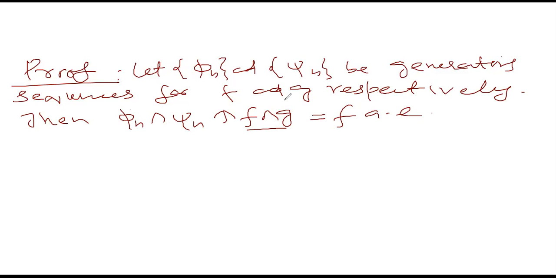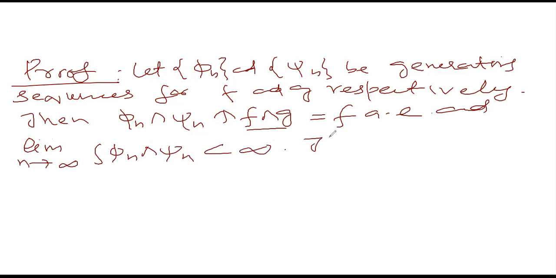And one more thing, this also holds, and this is already done in the previous theorem: the limit as n approaches infinity of the integral of phi n meet psi n is finite.